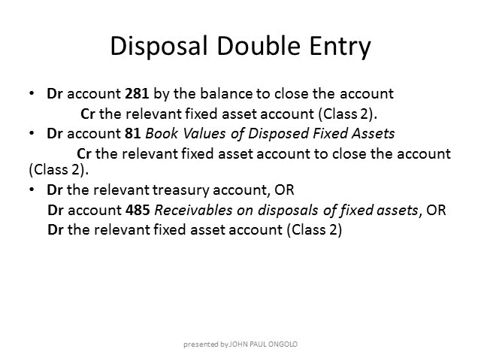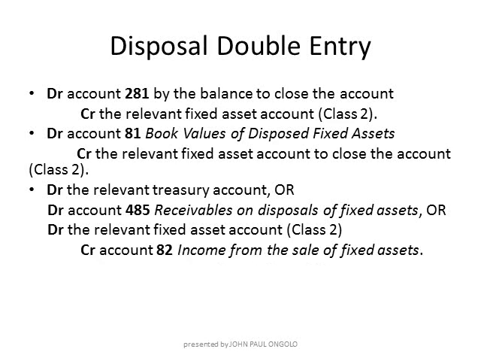So the new fixed asset that we are receiving due to this exchange will be valued at its market value. So these are the relevant debit entries that we can make depending on the situation at hand. And then we credit account 82, which is income from the sale of fixed assets.